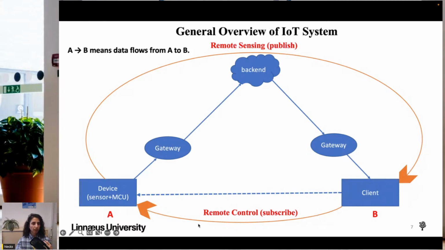And also we can have remote control, where from Adafruit we control our Pico to turn the onboard LED on and off. And today we will see both these paths. One is publish and the other one is subscribe.